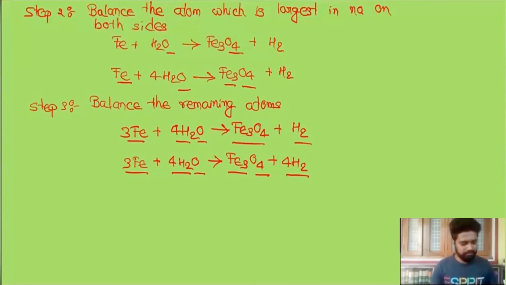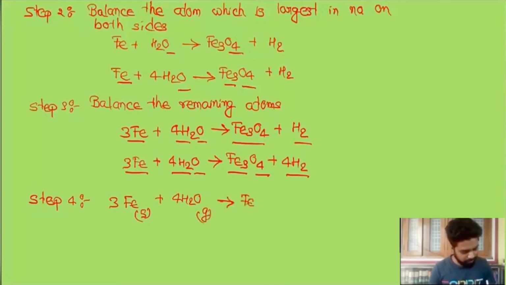The last step is to represent the state in which these elements are present in the chemical equation. Iron is a solid, so we denote the state as 3Fe(s). H2O is used in steam form here, so it is a gas.